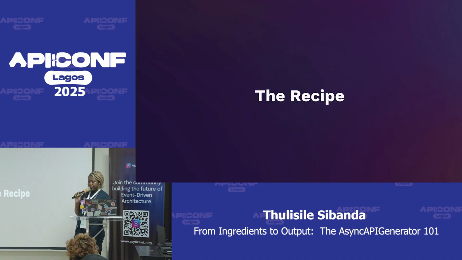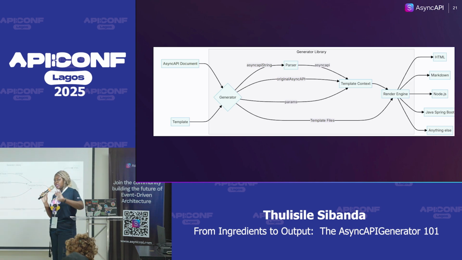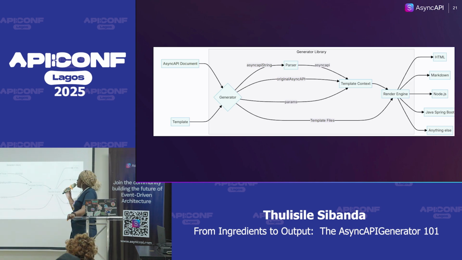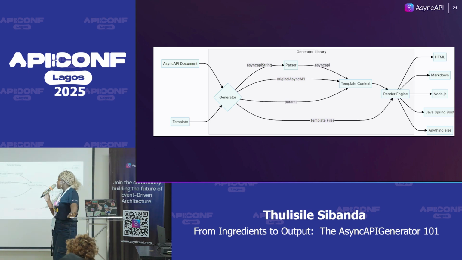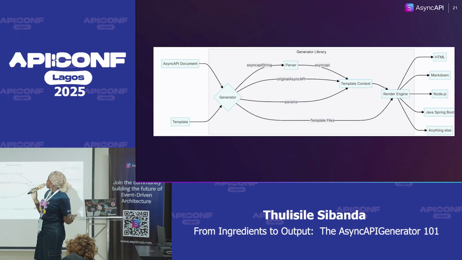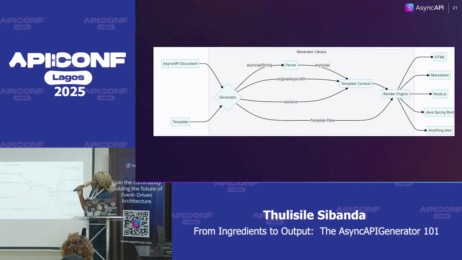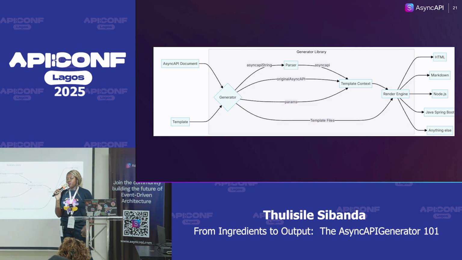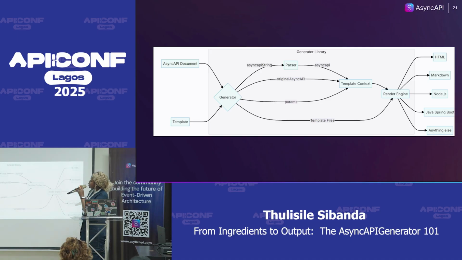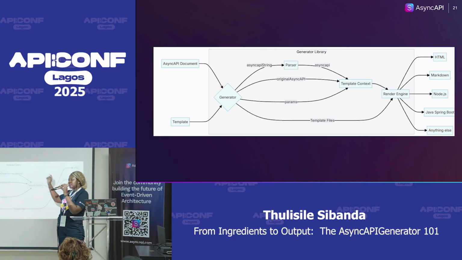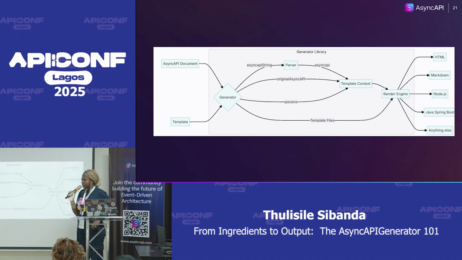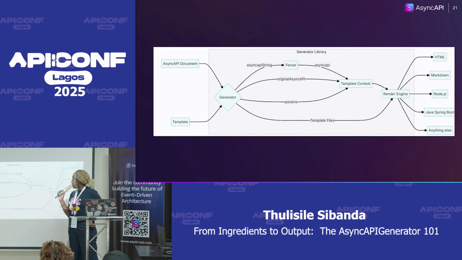So the recipe: as we have mentioned, before you can generate code, you definitely need an AsyncAPI document. From your AsyncAPI document, you need a template. That template tells the generator what it needs to do. Then the generator sends to the parser to make sure it validates the AsyncAPI document from the template.